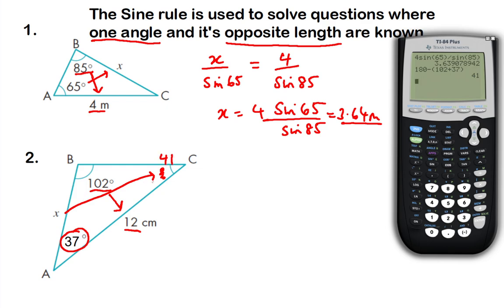So let's do the maths now. So using the sine rule, x over sine 41 is equal to 12 over sine 102. I can take the sine 41 up to the top of the other side.